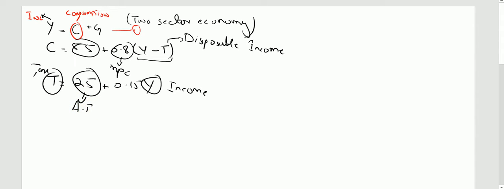Autonomous tax means the tax amount which is independent of income. It is not a direct tax which depends on income, where the more you earn, the more you pay in tax.